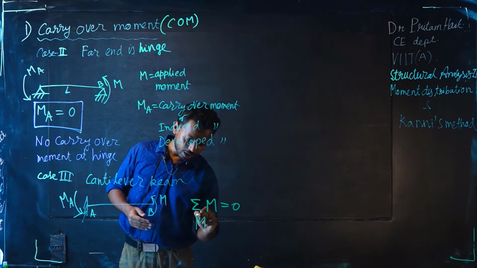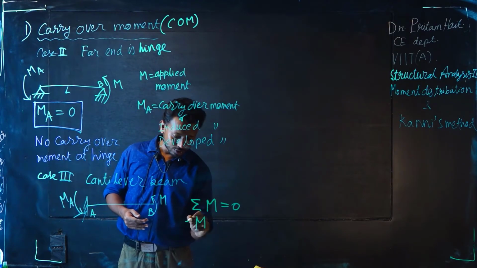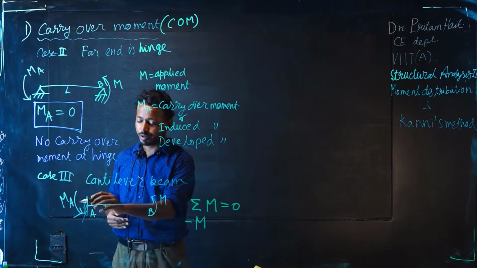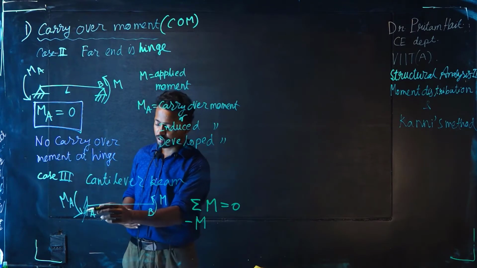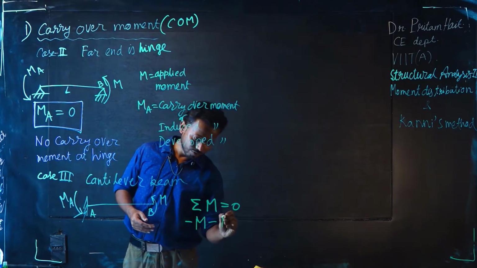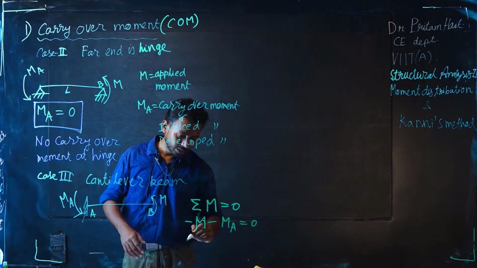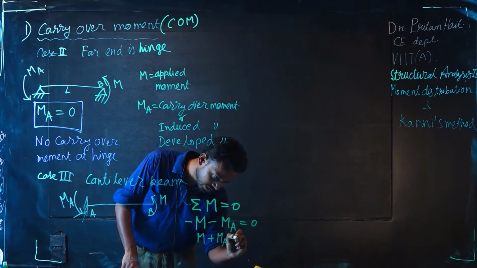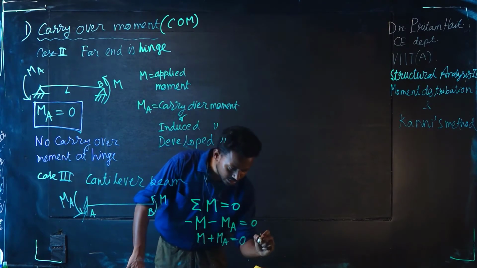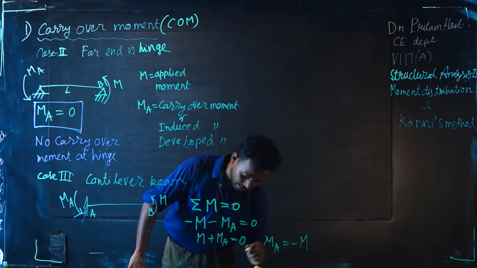The applied moment is trying to rotate anti-clockwise, so this is minus M. This moment is also anti-clockwise, so minus MA equals 0. That means M plus MA equals 0. That means MA equals minus of M.